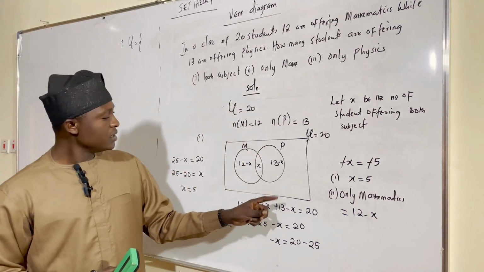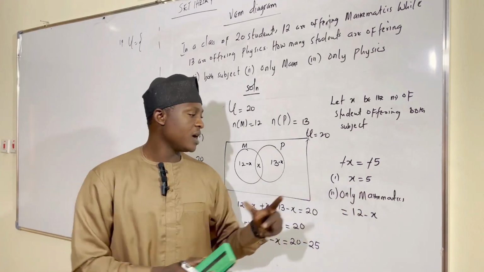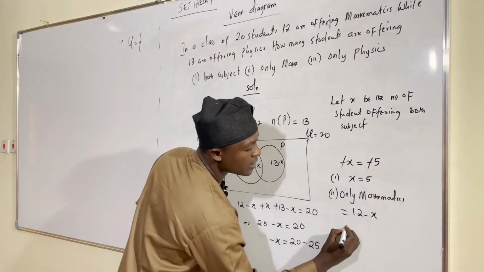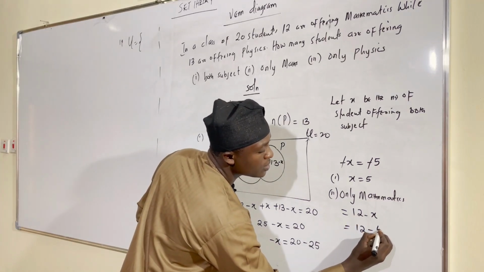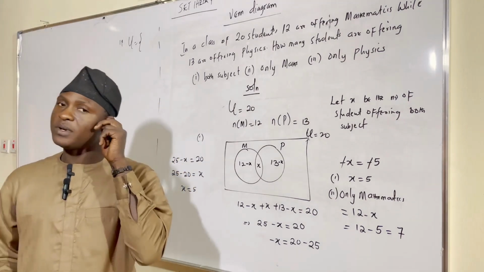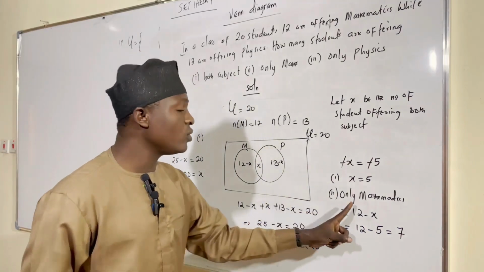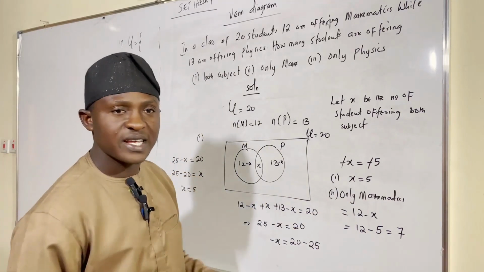Now, recall we have gotten x to be what? We have gotten our x to be 5, isn't it? Now, substitute the value of x, that means I can have 12 minus 5. So 12 minus 5, we are going to have 7. That means the number of students that are offering only mathematics is equal to 7.